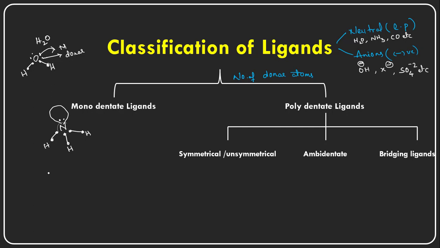And in carbon monoxide, there are three bonds between carbon and oxygen, and one back bonding also takes place.